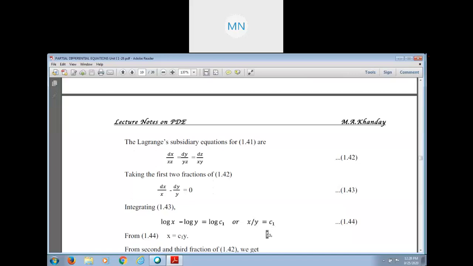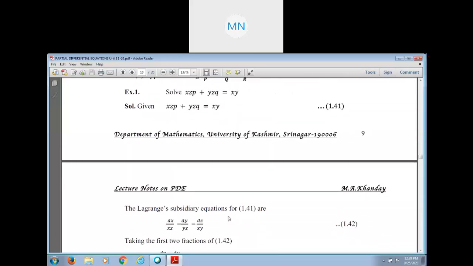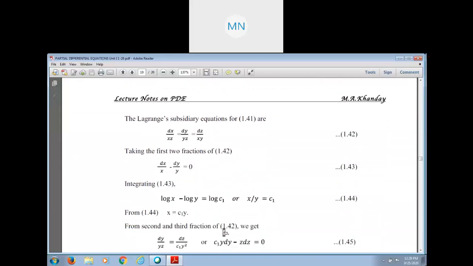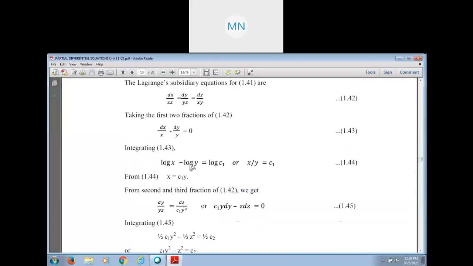After that, take the last two fractions. Then we get dy by yz equals dz by xy.